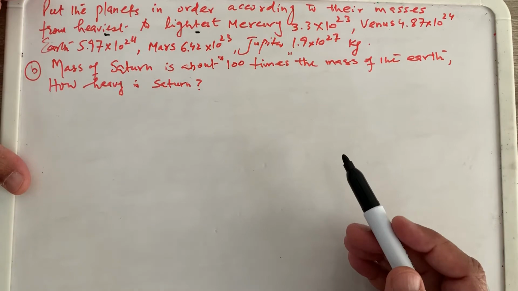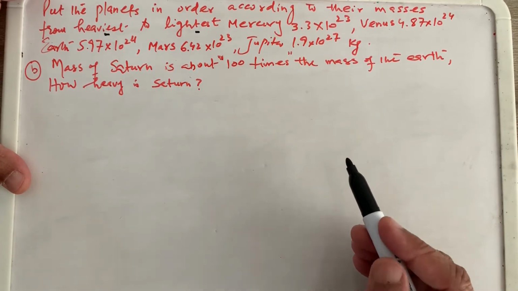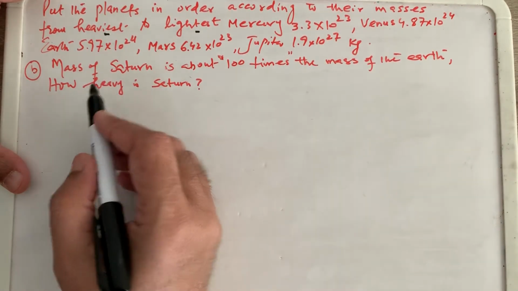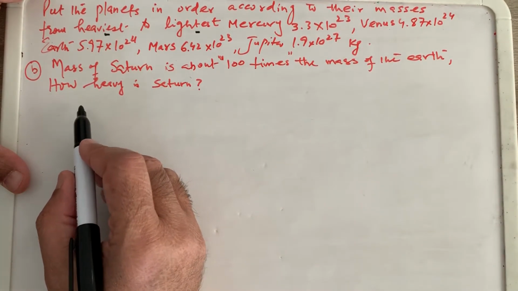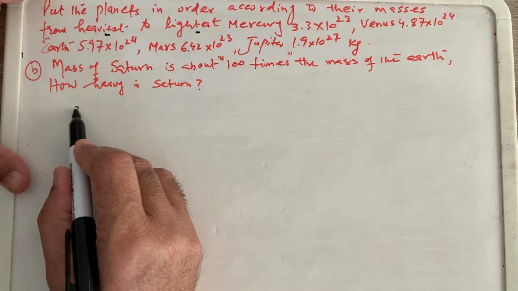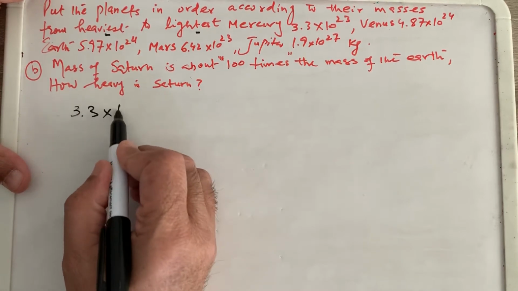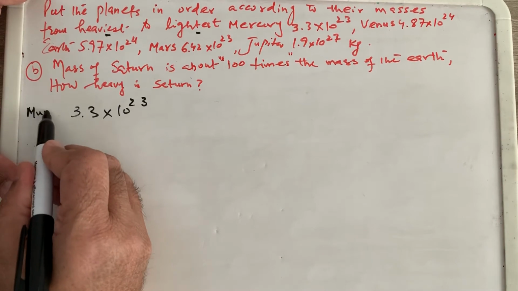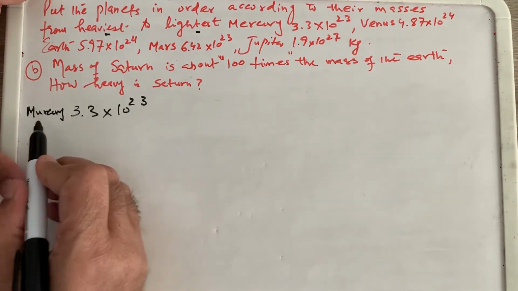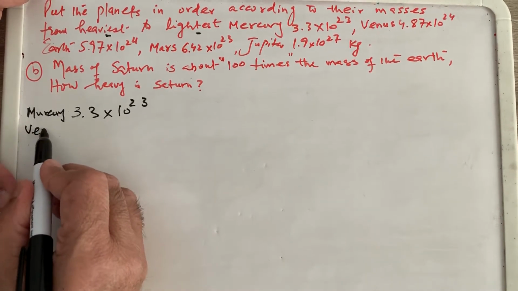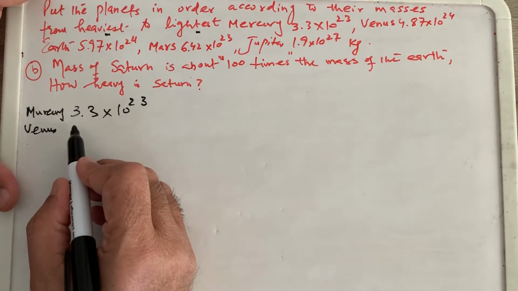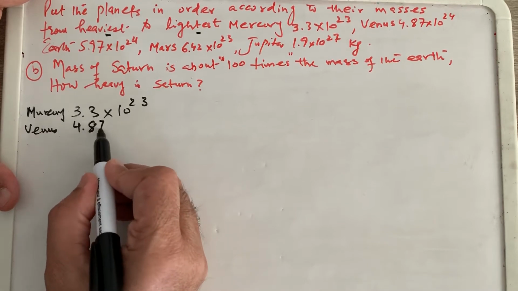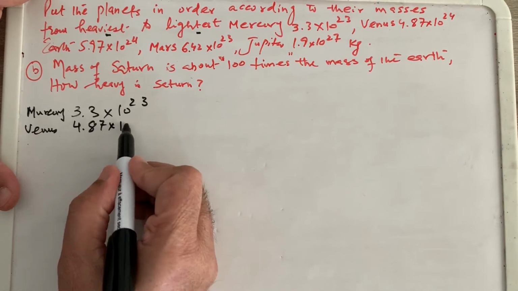Mercury is given as 3.3 into 10 to the power 23. I will write whatever is given here, and then we will deal with how to write them in order.